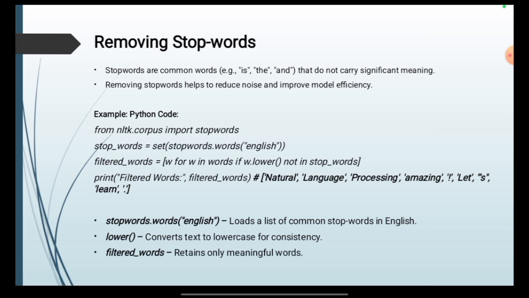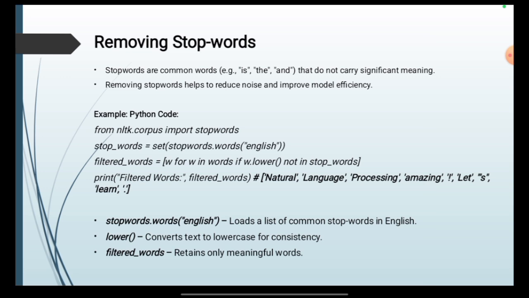In the provided Python code, stopwords.words('english') loads a list of common stop words in English. The list comprehension w for w in words if w.lower() not in stop_words filters out the stop words by converting each word to lowercase using lower() for consistency and checking if it is not present in the stop words list.